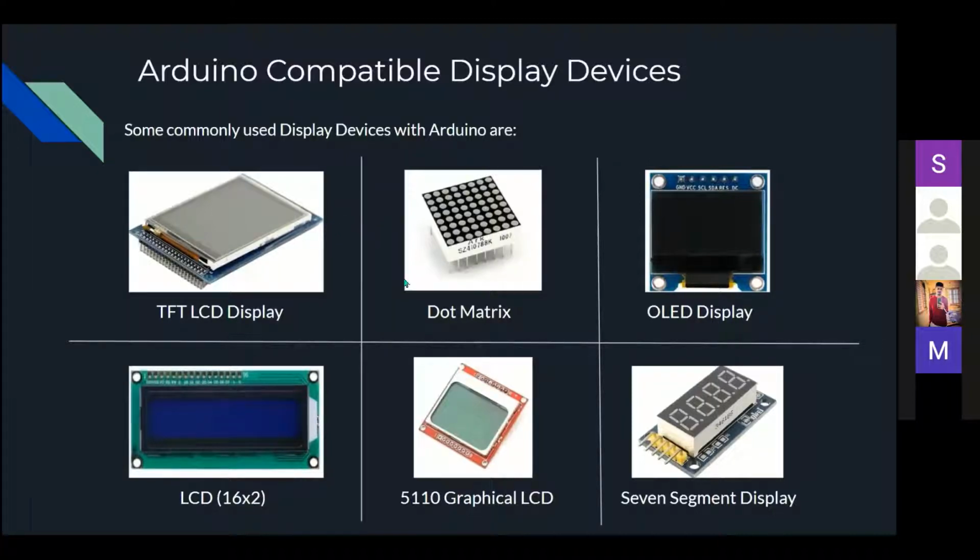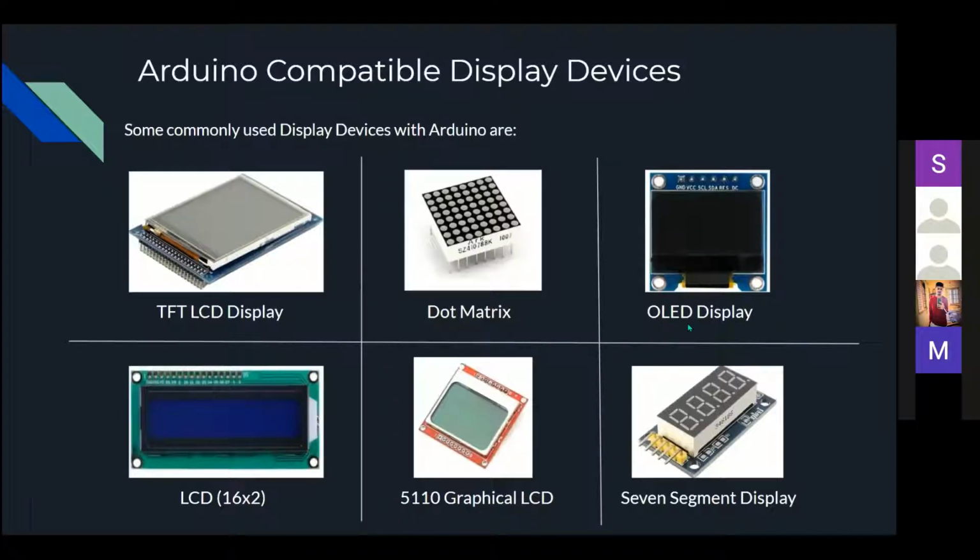The next one is the dot matrix display. It is also an old-fashioned type of display where the characters are formed by illuminating individual LEDs that represent the form of dots. And the next one is the OLED display.